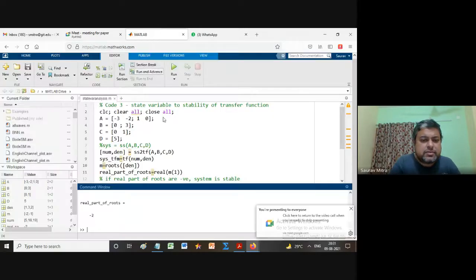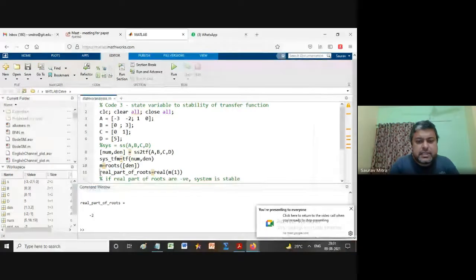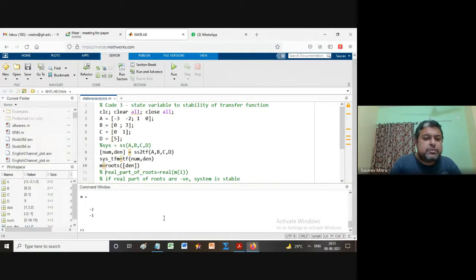So there is no problem. Actually, this last part I am commenting out, because that is unnecessarily giving some confusion. So no problem. I have found both the roots and both the roots are coming to be negative, so my system is stable. This code number 3 and code number 1 with the root are kind of the same. We have already done it. So there is no problem.